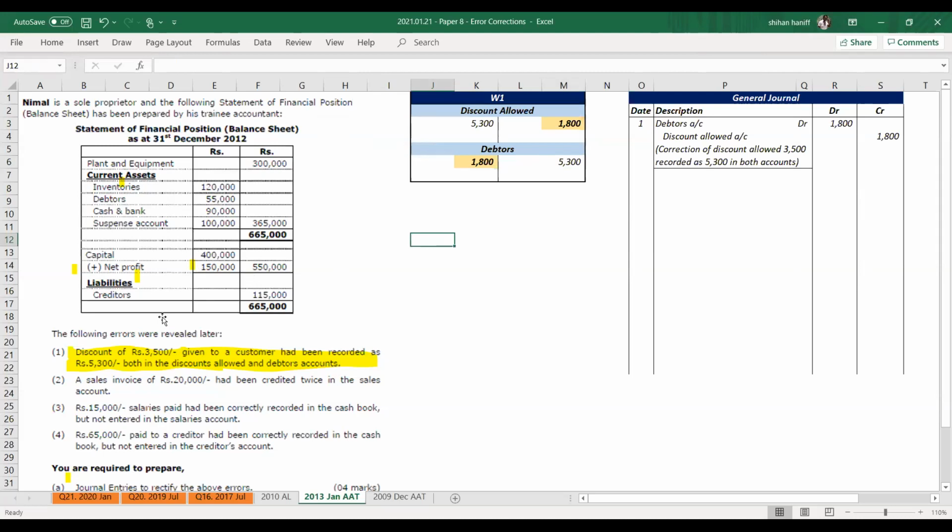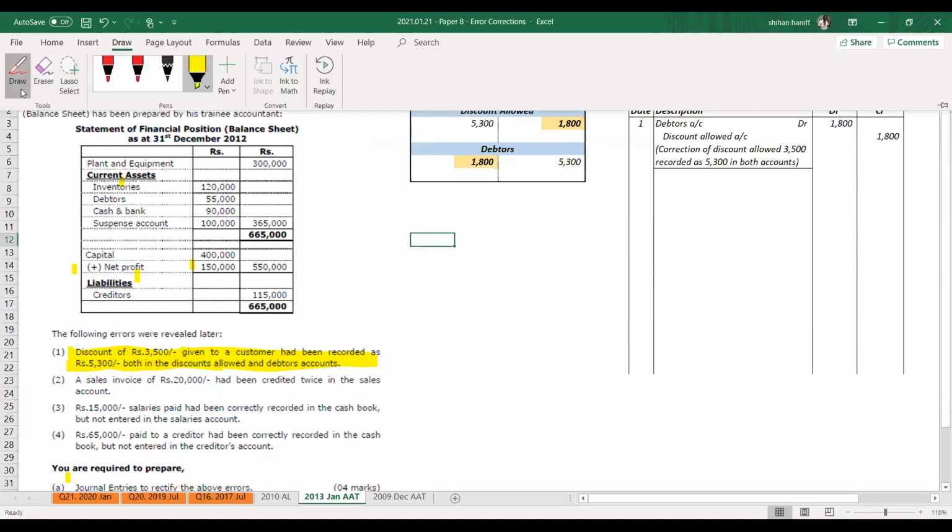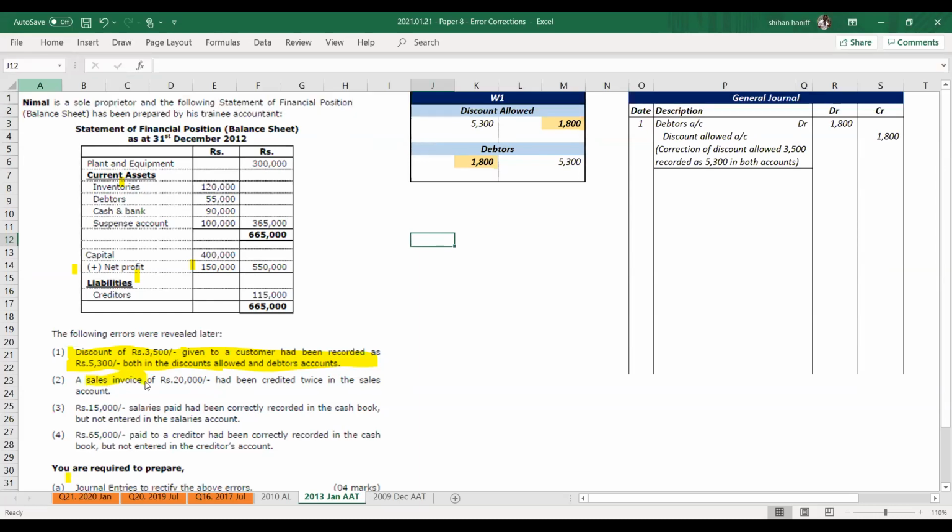Then number 2. Sales invoice 20,000 had been credited twice in sales account. So let's do working number 2.